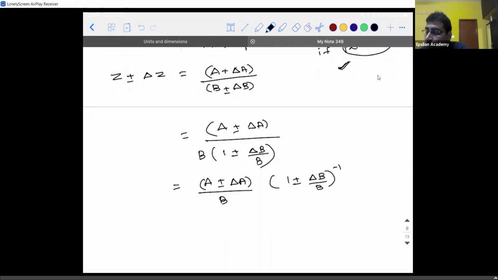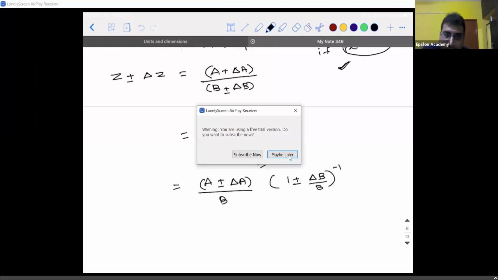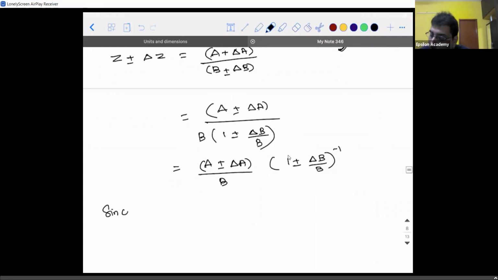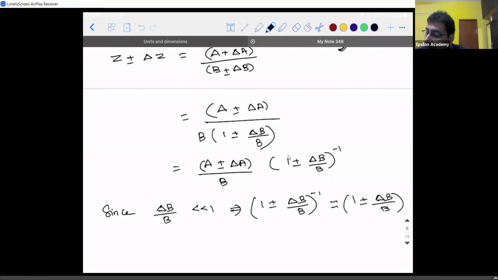Right. Now observe an important point here. Is it not of the format (1 + x)^n? Since delta b by b is very much less than 1, it implies (1 plus or minus delta b by b) the whole power minus 1 can be approximated to 1 minus or plus delta b by b only.